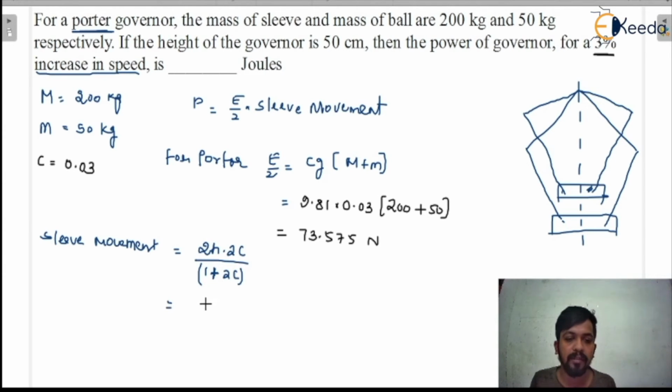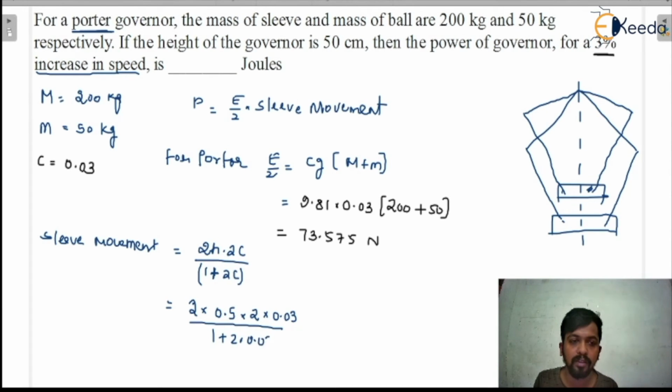Now we just have to put in the values: 2 into the height of the governor, which is given in centimeter. You must convert it into meter. Don't forget to convert into meter, the unit must be the same. Then 2 multiplied by 0.03 upon 1 plus 2 multiplied by 0.03.